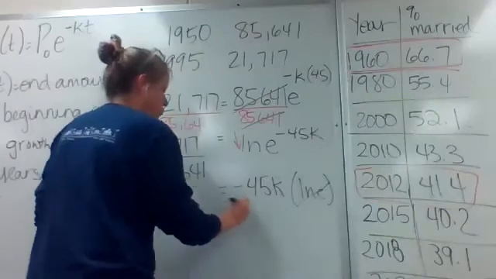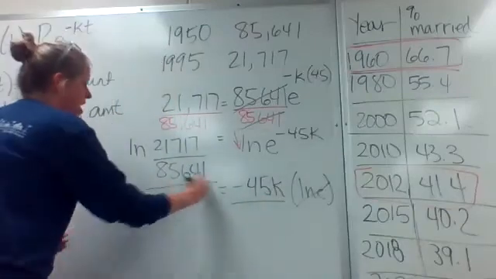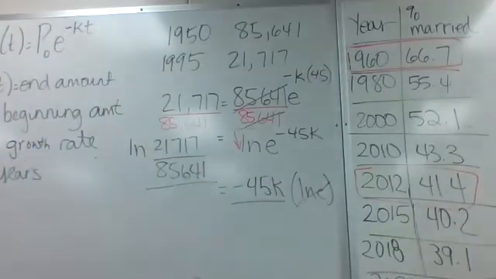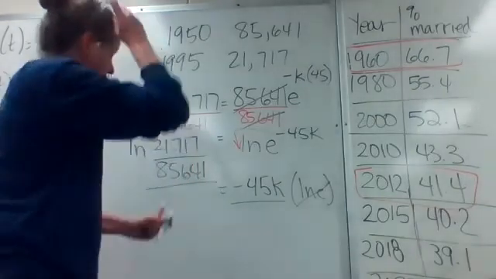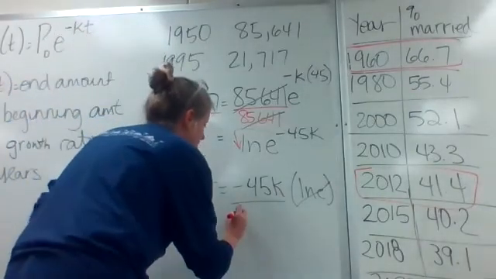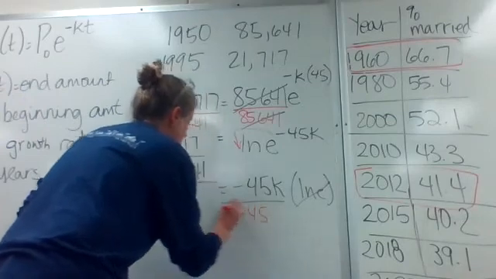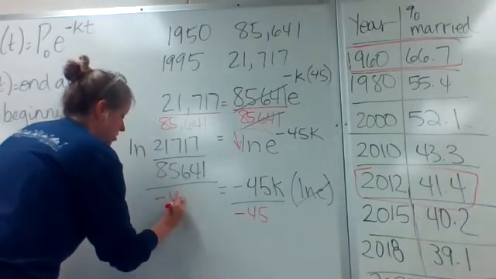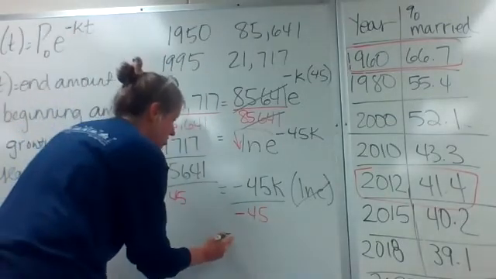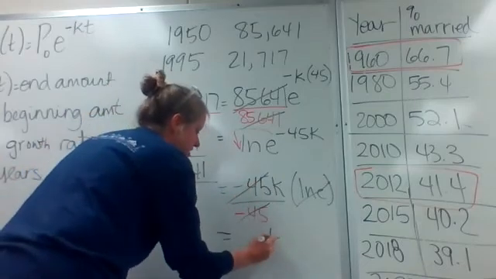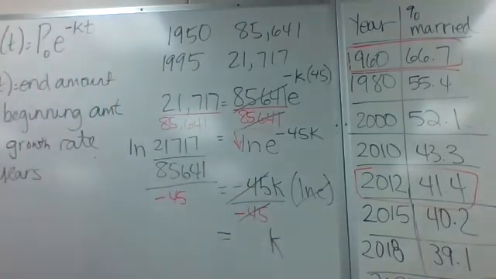Again, that's 1. So now I just need to divide both sides by negative 45. That's going to give me my K.